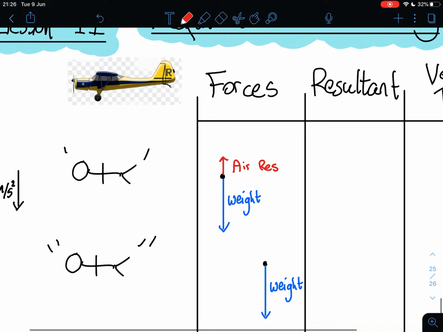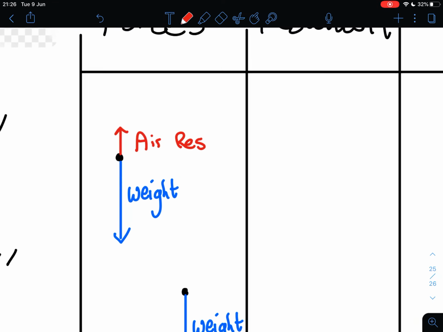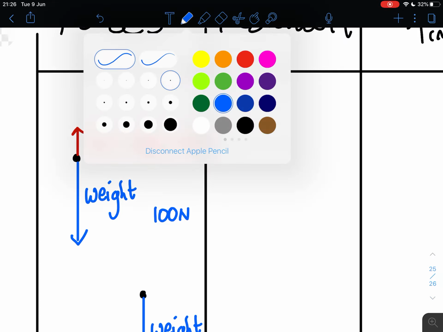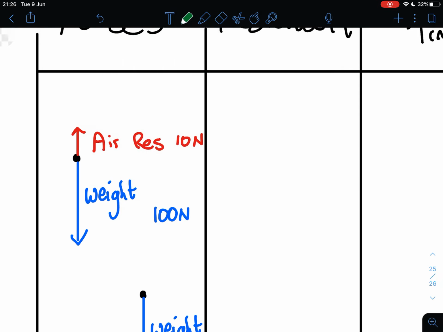Now if I was to put some numbers to this, this helps us gauge what the resultant is. Let's say the air resistance was 10 newtons, and let's make the weight 100. Keep it simple. Then my resultant from lesson 4 is what is left over when we take these two vectors away from each other. So we end up with a resultant force downwards of 90 newtons.